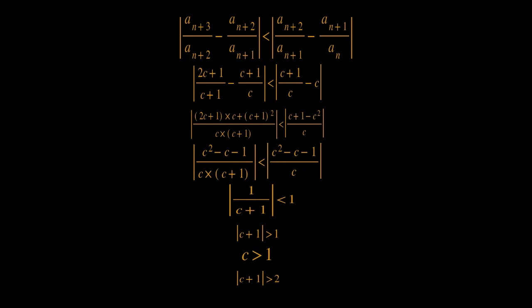And since the geometric series converges for all ratios less than 1, that means that the sum of all our errors also converges to a finite number, proving our third condition.